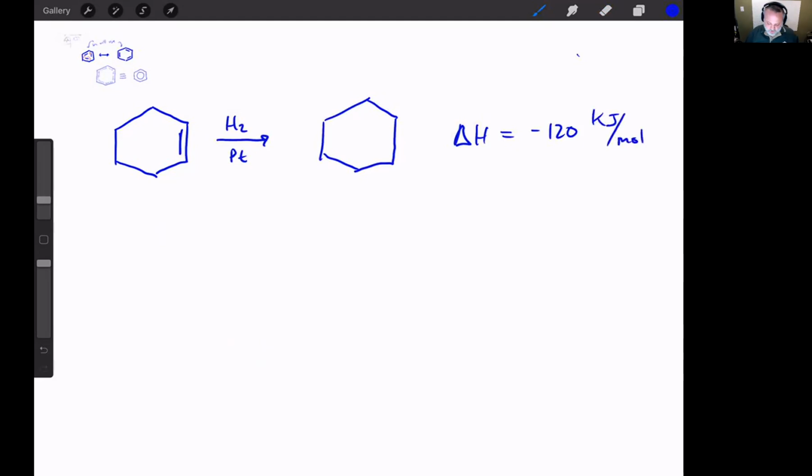So if I want to do that same reaction with three double bonds, then I should get 3 times negative 120 kilojoules per mole. So we might expect that it's 360 kilojoules per mole exothermic.